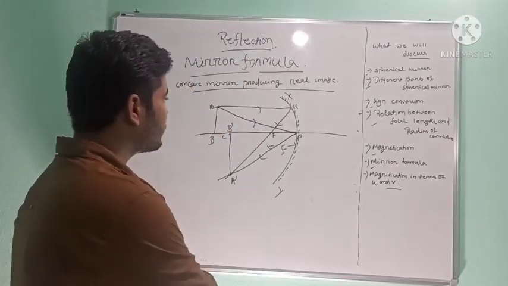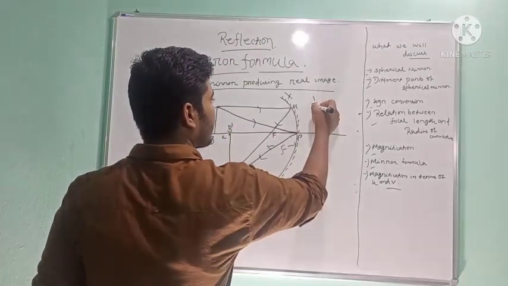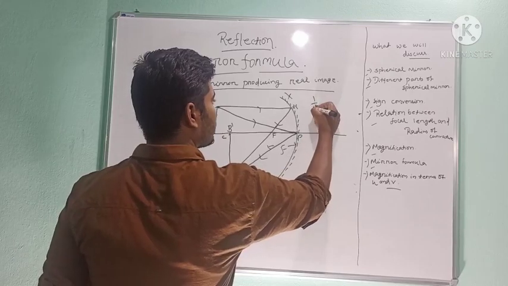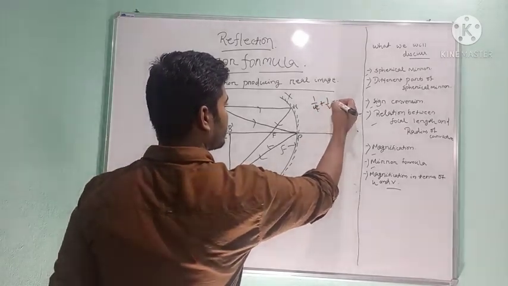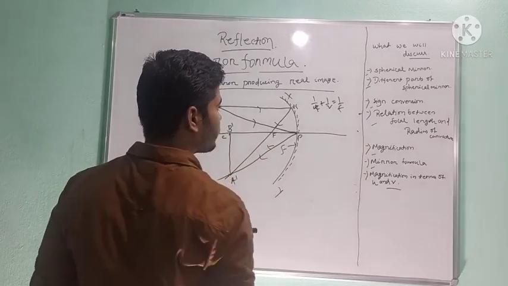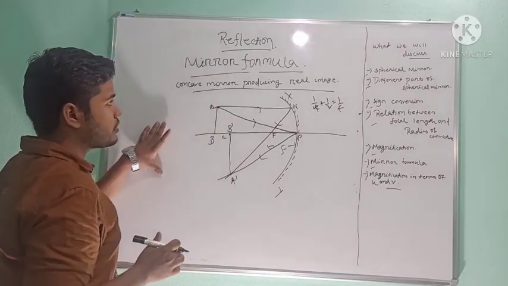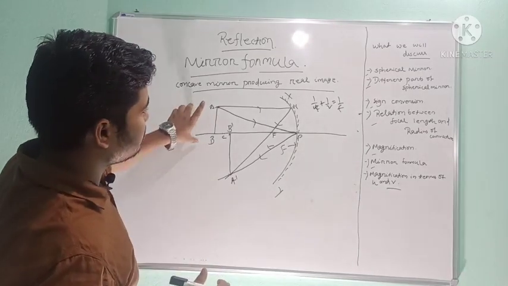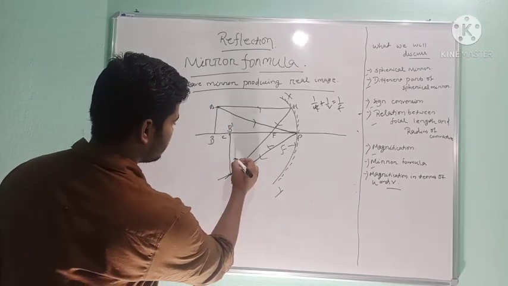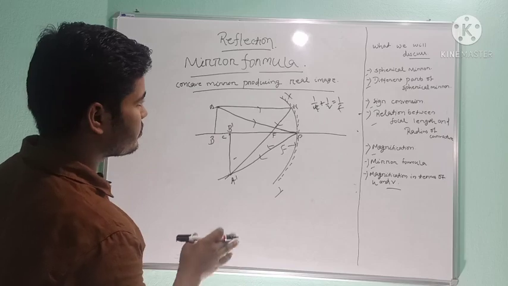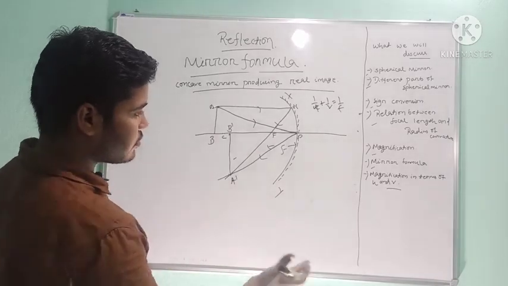What is the mirror formula? You know, 1 by U plus 1 by V is equal to 1 by F. We have to derive that. This is a case of a concave mirror producing a real image.